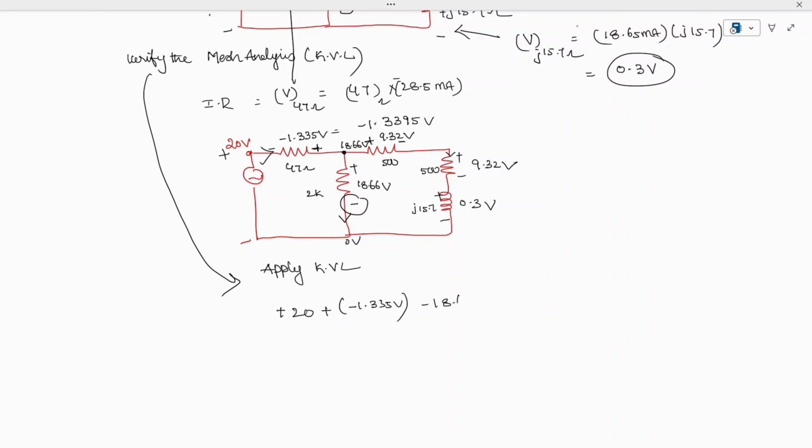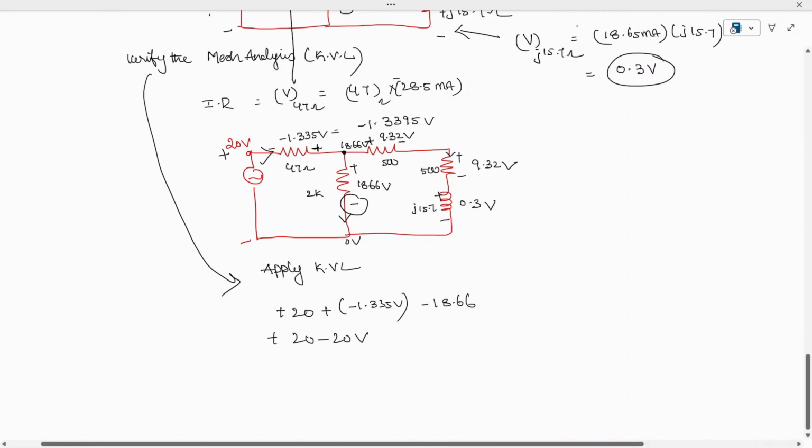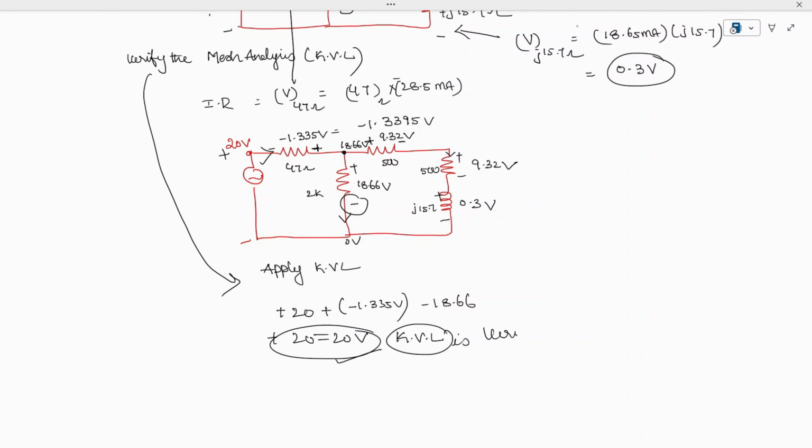Minus 18.66. So plus 20 minus 20, therefore both are equal. Automatically what is verified is Kirchhoff's voltage law is verified for the first loop.